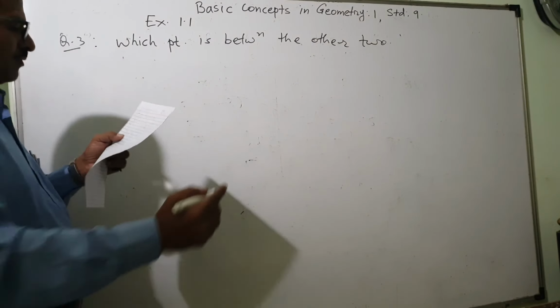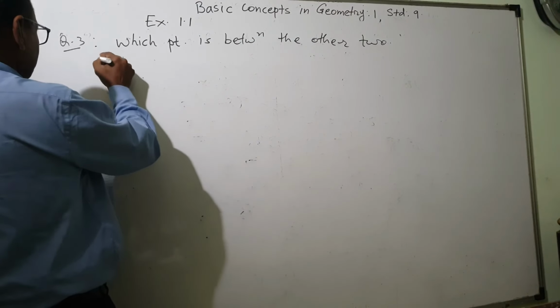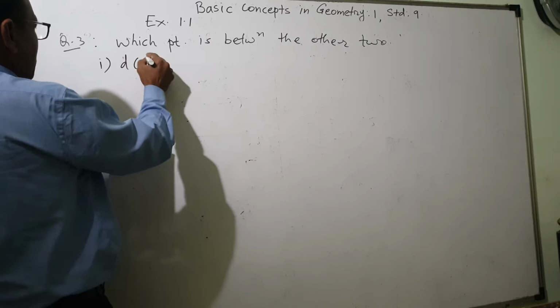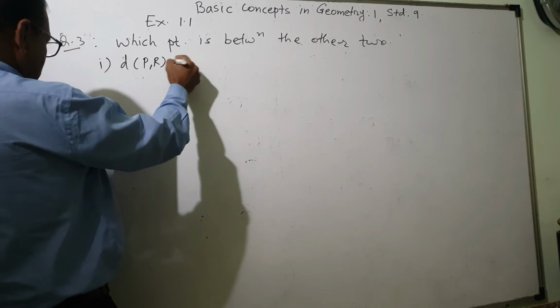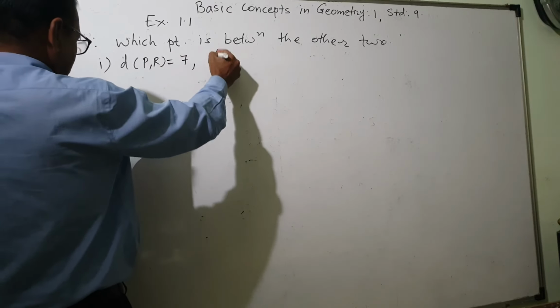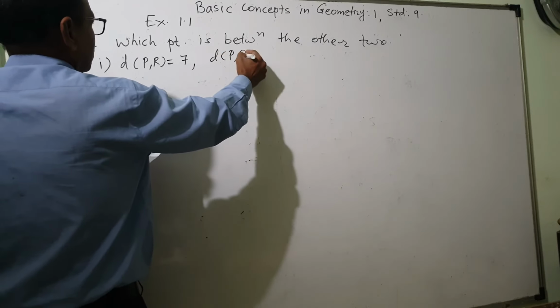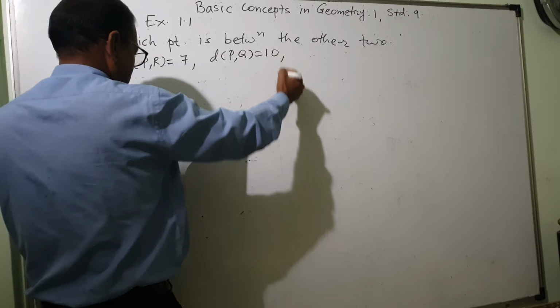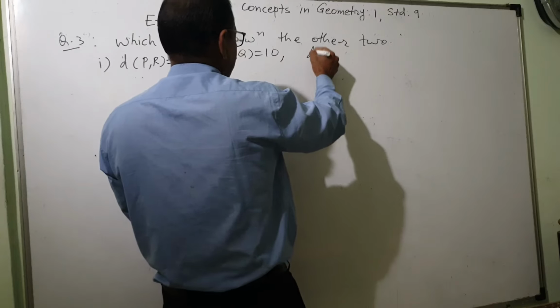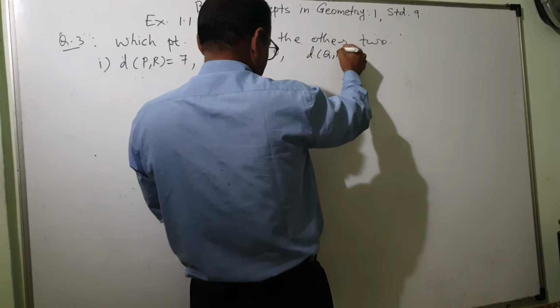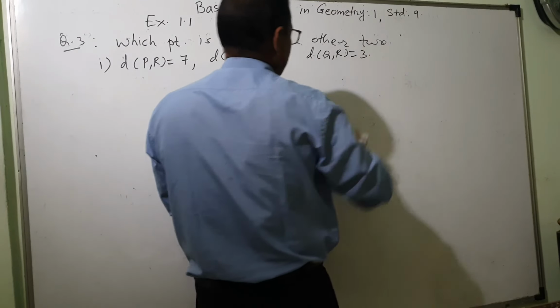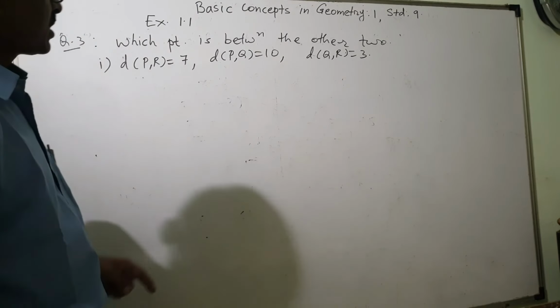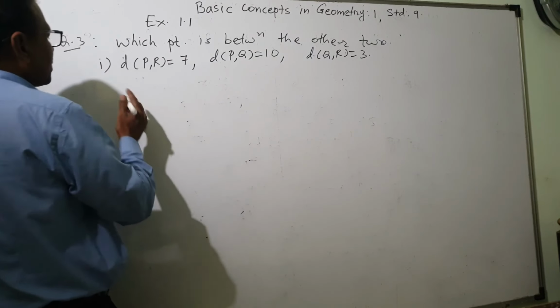So in that, the first one, distance PR is equal to 7, distance PQ is equal to 10, and distance QR is equal to 3. Here, how to solve this? The biggest distance I will take.